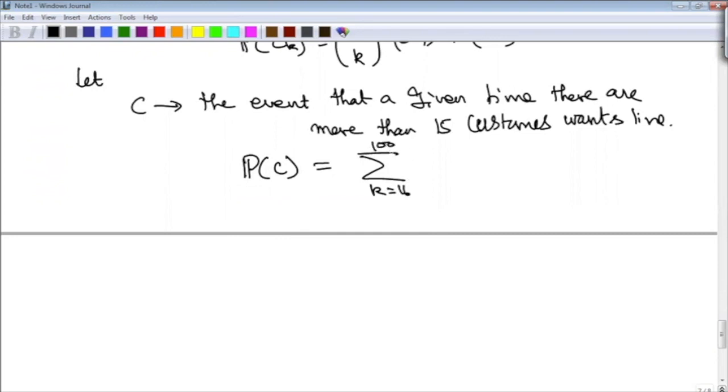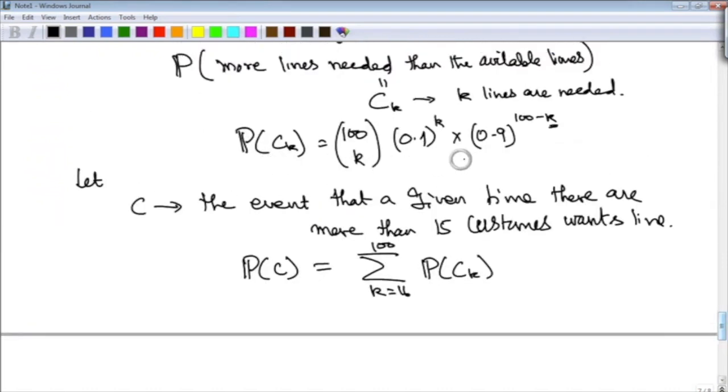So the first 15 are okay, they have no problem. See, Ck is the event that k people want the phone line, and the probability we have already found is given by this.